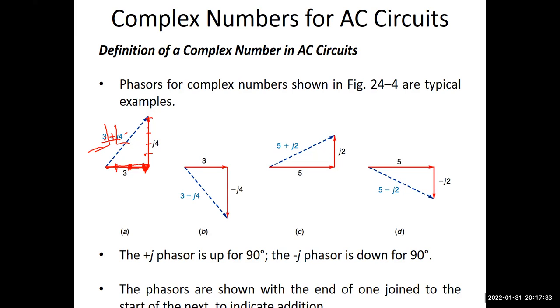And then from this, you draw the connecting line from the tail of the real part to the head of the imaginary part. Okay? So parang ito na yung hypotenuse. So you have 3 plus J4 and this will now be the resultant. So this is now the resultant which is equal to your impedance.